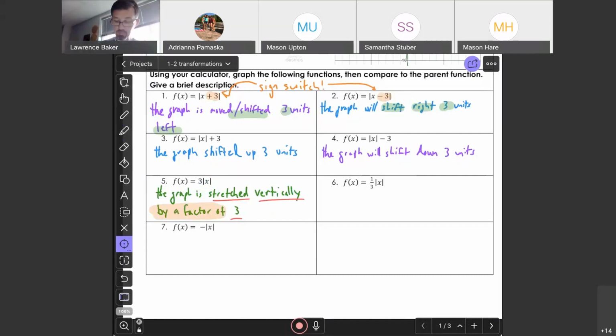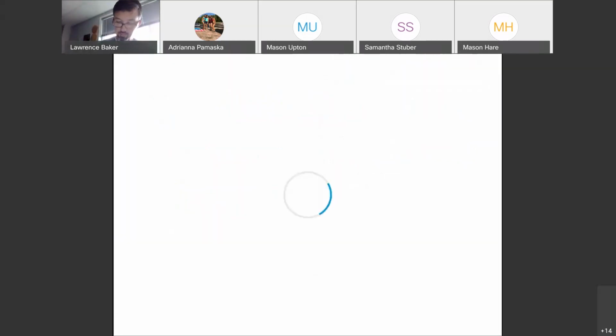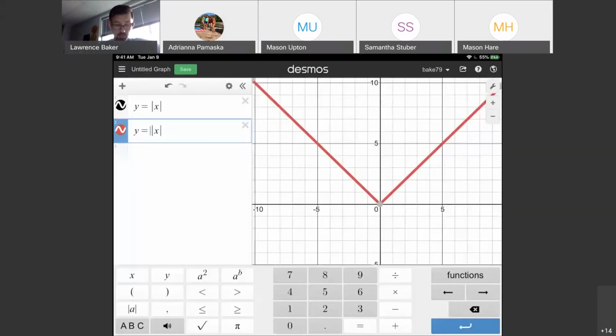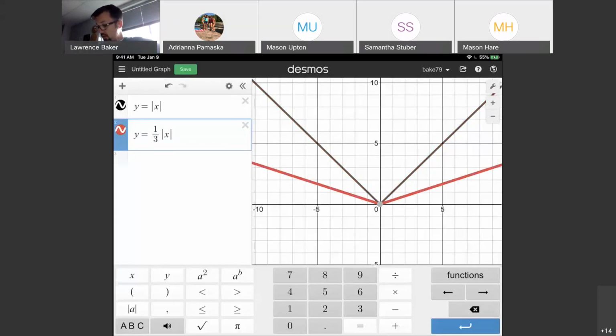Let's look at the 1/3. So when you want to type 1/3 in there, you can just hit 1 divided by 3, and it'll write it as a fraction for you. Camilla, how would you describe our red graph in comparison to the black one?